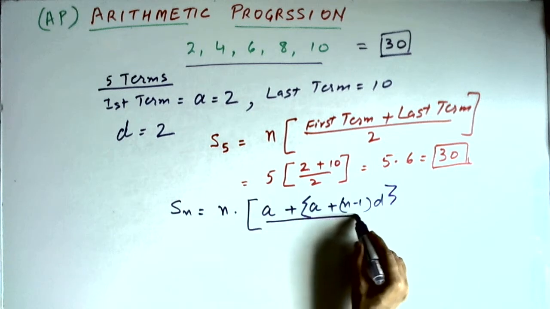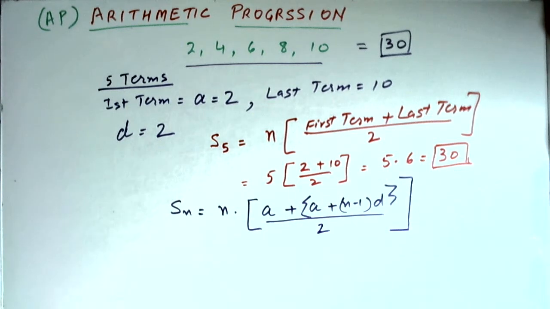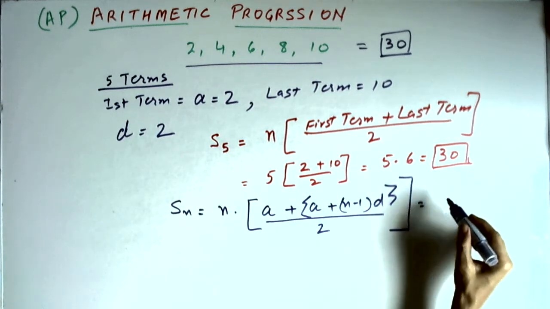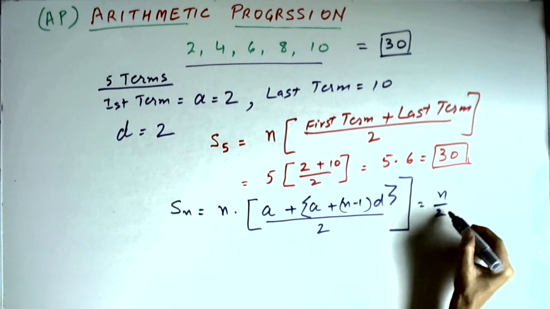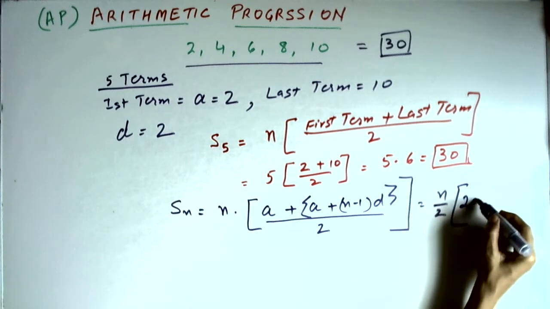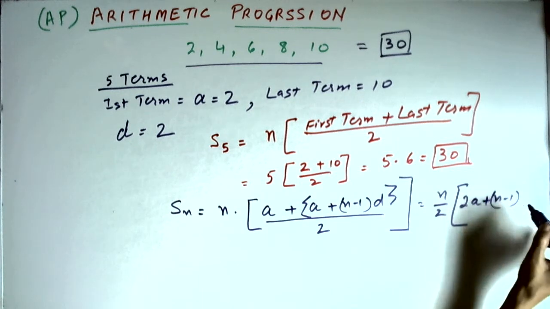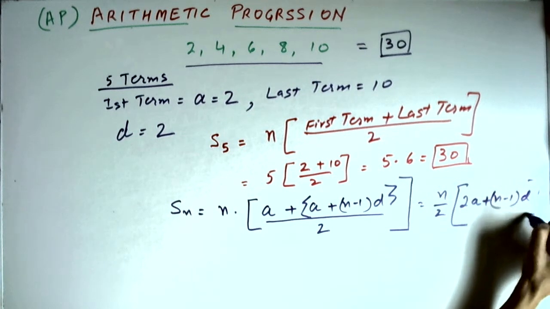And we take the average of these 2, and this is the formula. You can also write it for convenience as n by 2 into 2a plus n minus 1 into d.